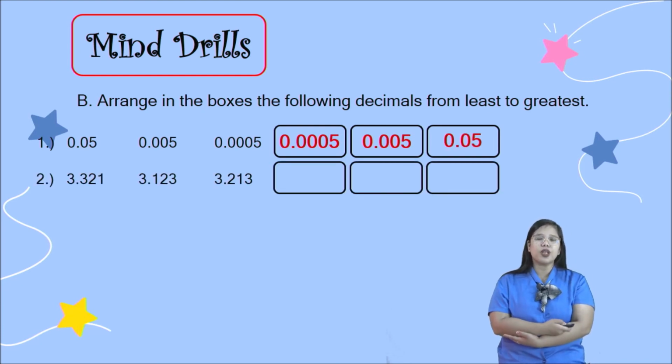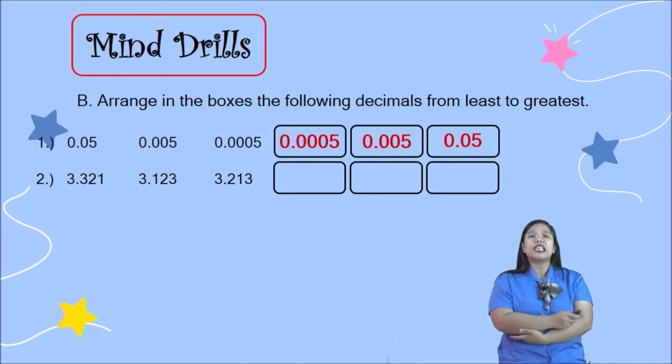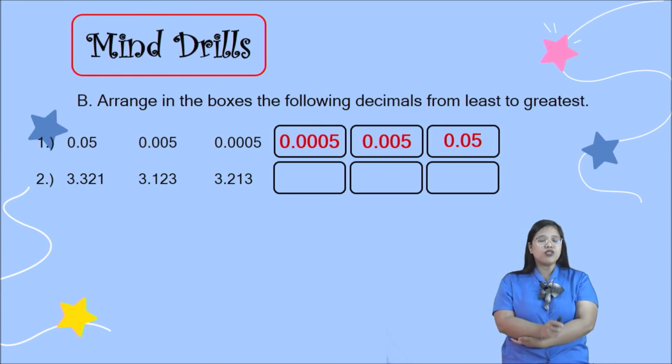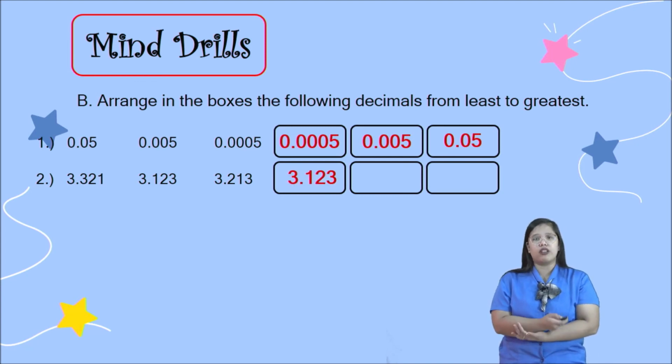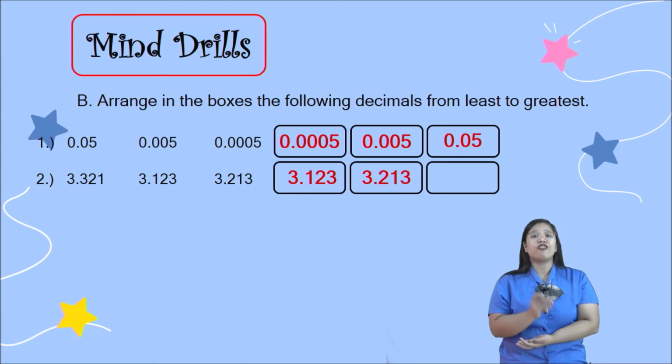For the next one, we have 3 and 321 thousandths, 3 and 123 thousandths, and 3 and 213 thousandths. Which is first? Very good. We have 3 and 123 thousandths. Next one, we have 3 and 213 thousandths.